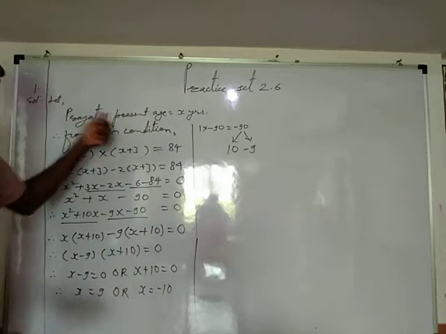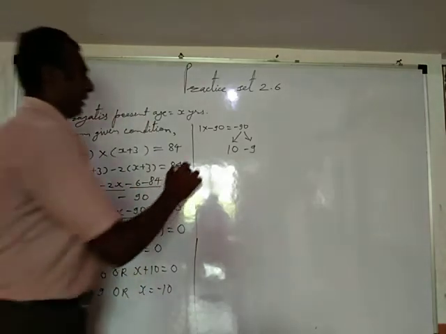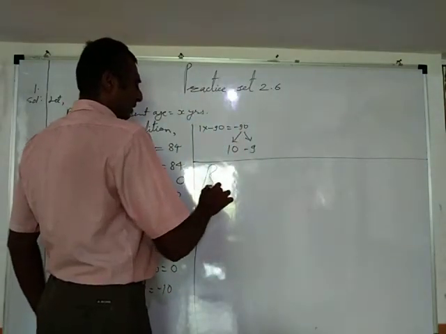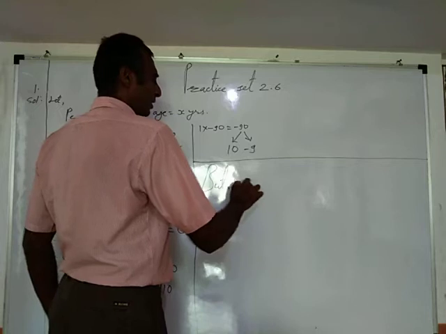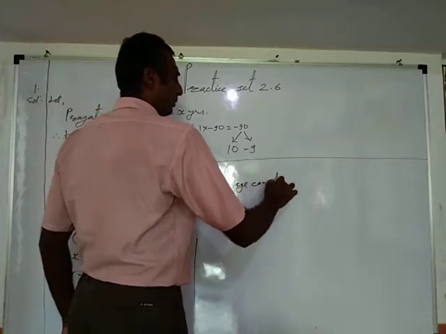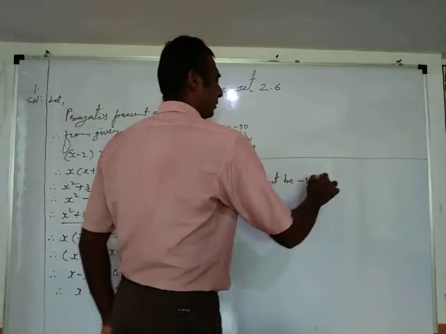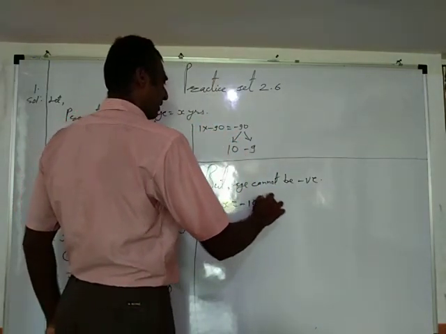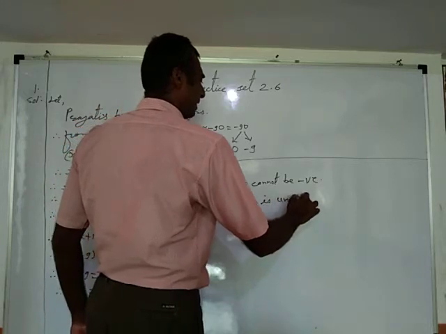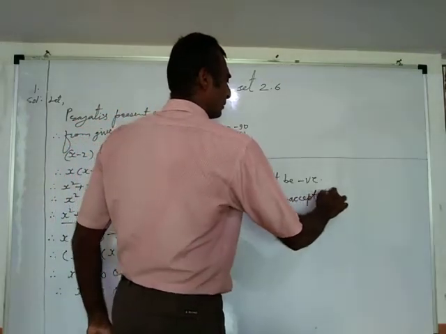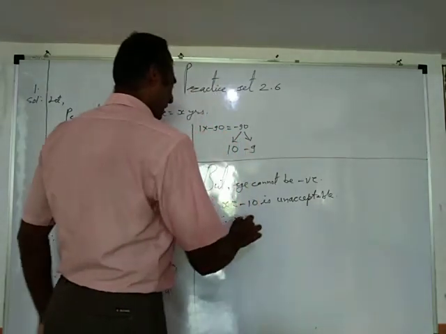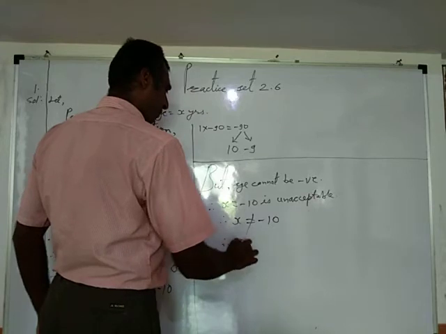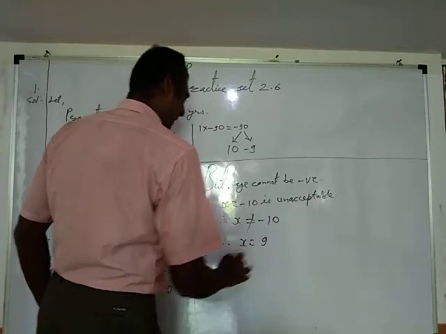But x is present age of Pragati and age is never negative. Let's mention here, but age cannot be negative, and therefore x equals minus 10 is unacceptable, and therefore x must not equal to minus 10, and therefore x equals 9.